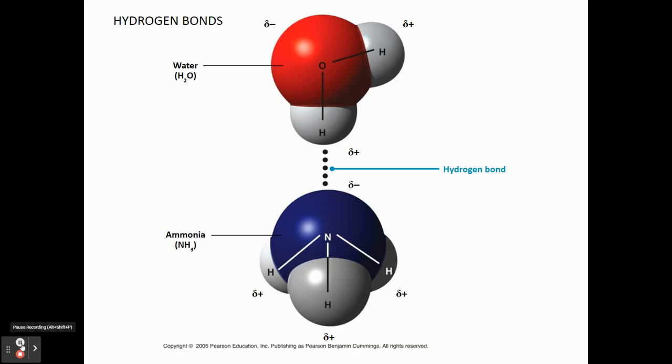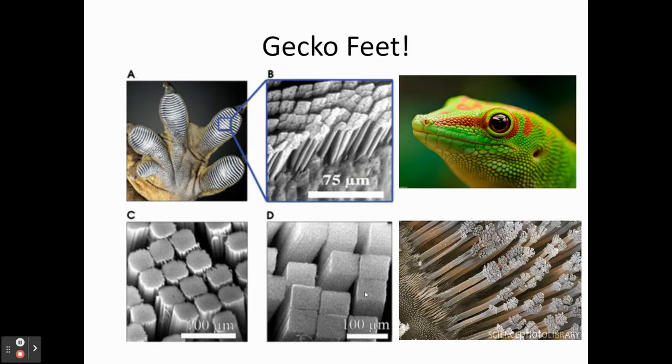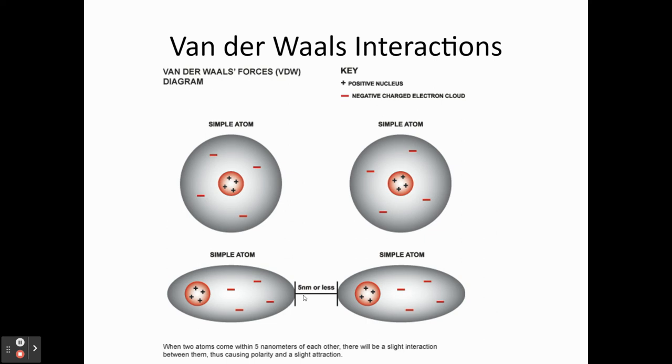So again, we'll be talking about hydrogen bonds quite a bit in this unit, so make sure you understand what those are. The last thing I want to talk about are van der Waals interactions. These are very weak charges that happen between something that has a slight negative charge, and in what we see here in this particular incidence, we get attraction between these atoms when there's different charges between them.